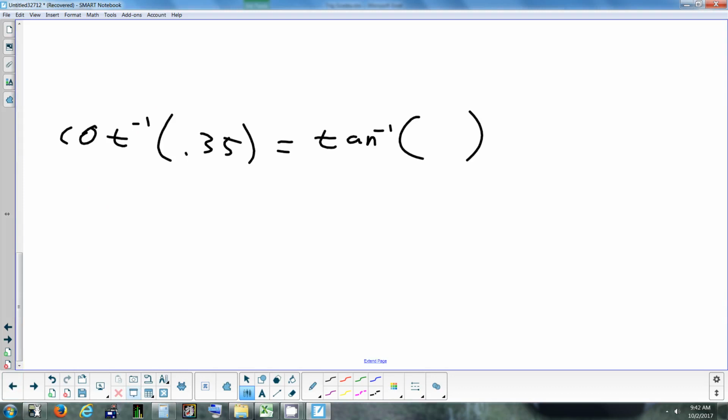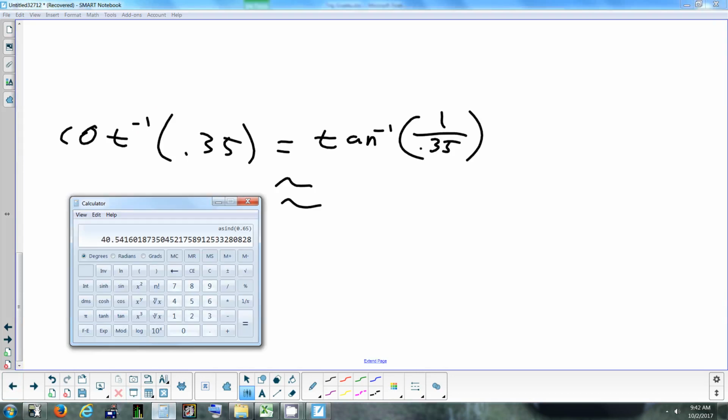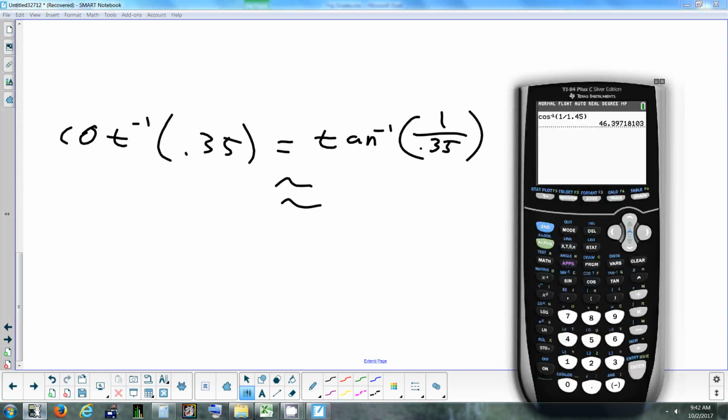And then you have to flip what's inside. Okay, so let's see what we get. So second tangent, 1 divided by 0.35. Okay, so we get 70.71.